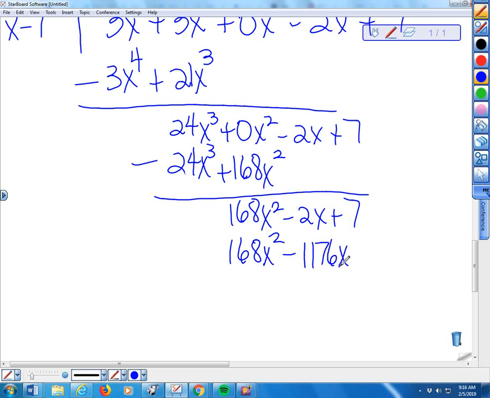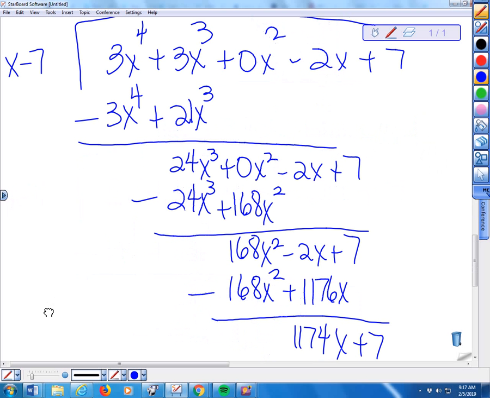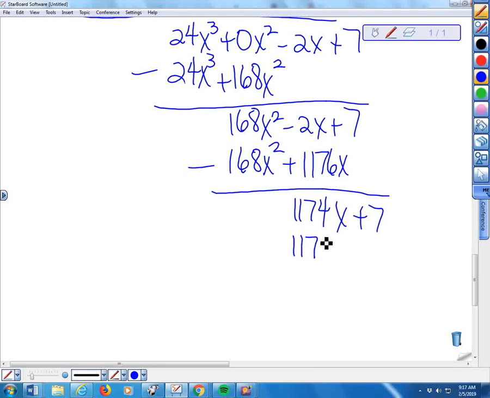Right? Are you allowed to use the calculators on this? Yes. Okay, so now I'm going to subtract 2 from that. That's 1174. I change the signs, plus 7. And then this goes in 1174 times, which is 1174x minus 8218.